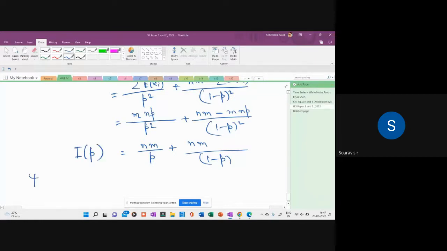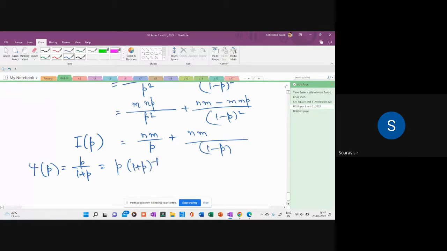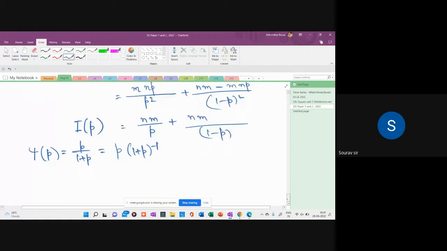Now, phi p is p by 1 plus p, which we can write as p into 1 plus p to the power minus 1. Now, we need to do a derivative of this thing. Phi prime p is going to give me 1 plus p to the power minus 1 plus p into minus 1, 1 plus p to the power minus 2.